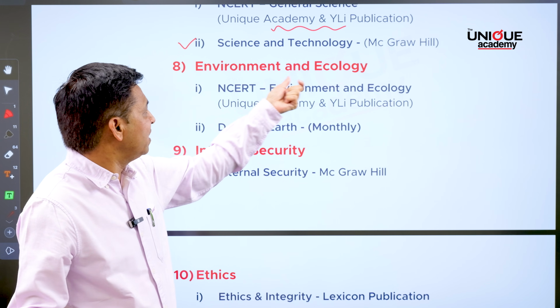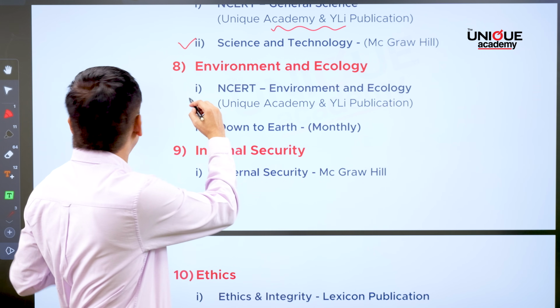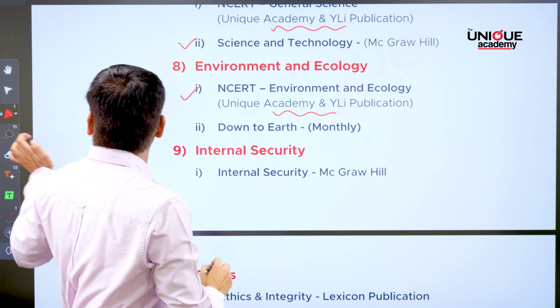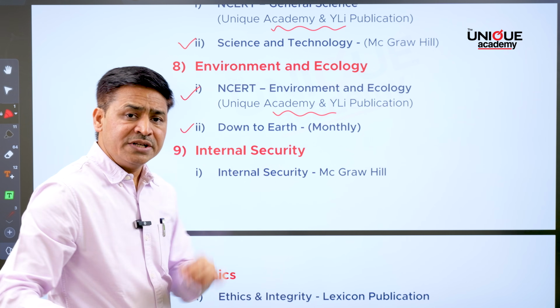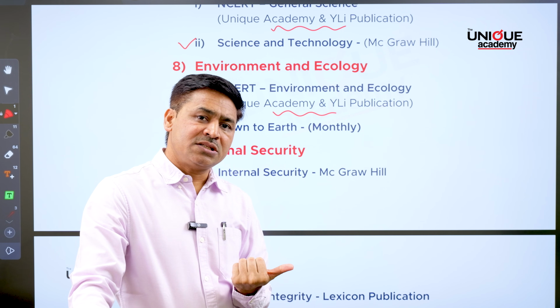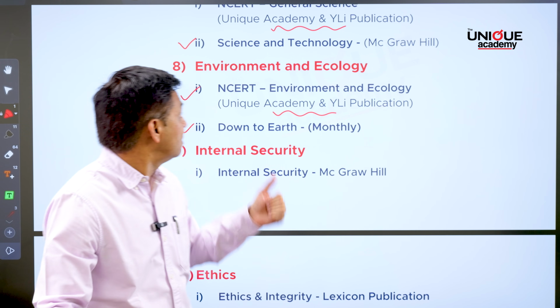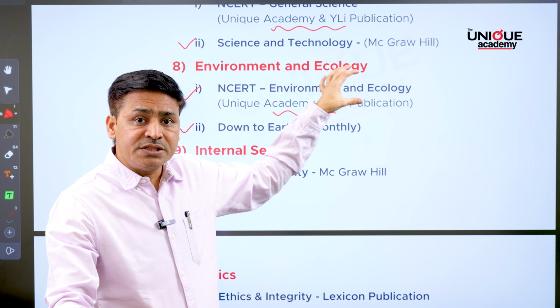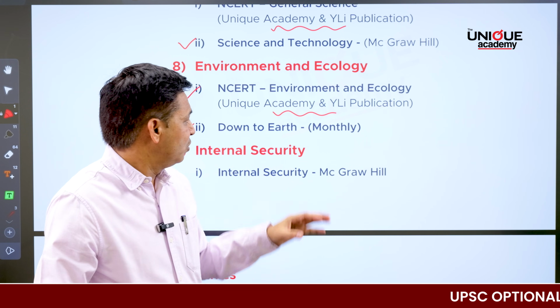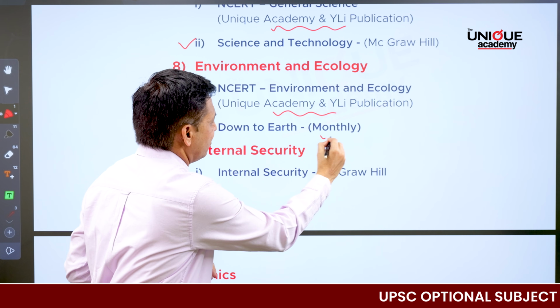One is environment and ecology, for which you are supposed to rely on the NCERT, again jointly published. And then you are supposed to selectively refer to Down to Earth Monthly, which comprises current and contemporary events pertaining to environment and ecology, case studies, data, analytical part, and you should rely on this, which is a monthly.